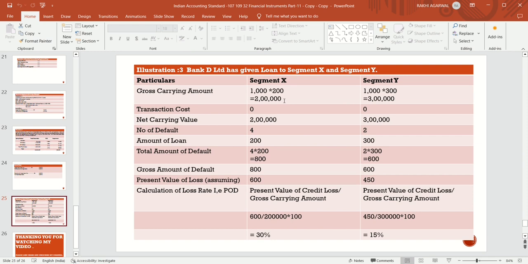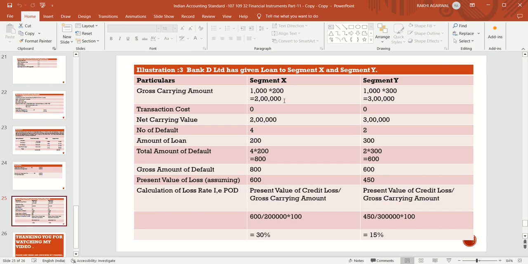The amount of loan is 200, so the total amount of default becomes 4 into 200, that is 800. In segment Y, the number of defaults is 2 and the amount of loan is 300, so 2 into 300, that is 600.